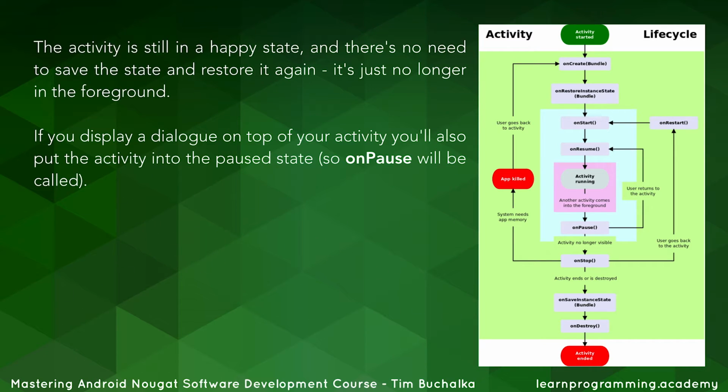The activity is still in a happy state, and there's no need to save the state and restore it again. It's just no longer in the foreground. So if you display a dialog on top of your activity, you'll also put the activity into the pause state, so onPause will be called at that point in time.